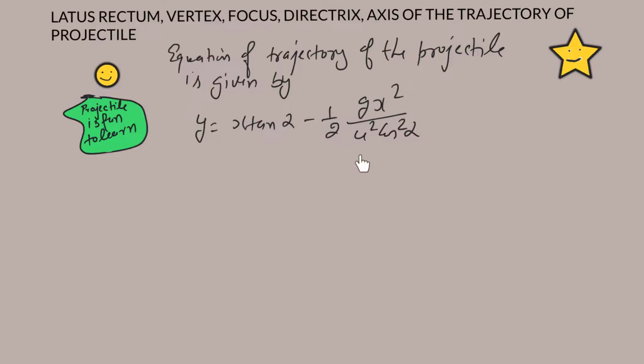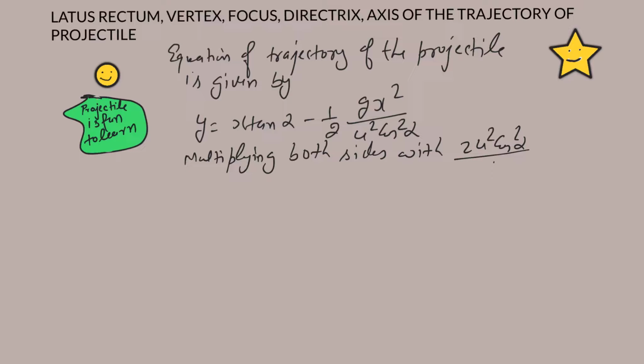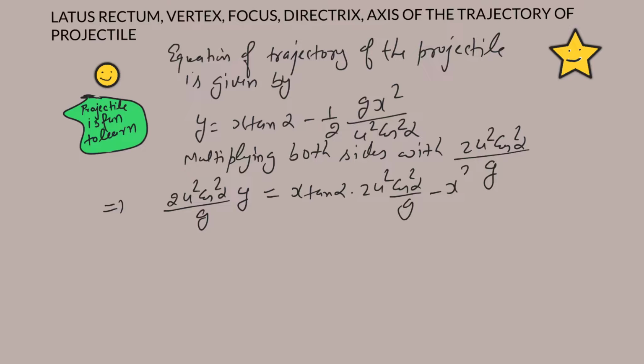So firstly we will make this coefficient as unity. So for this we will have to multiply both sides with 2u square cos square alpha by g. Okay, this implies that 2u square cos square alpha by g y is equal to x tan alpha dot 2u square cos square alpha by g minus x square.